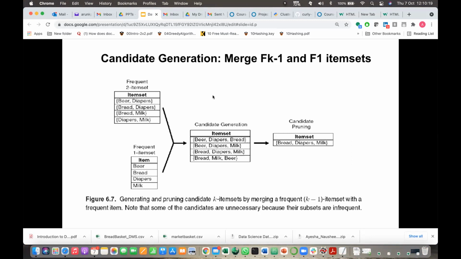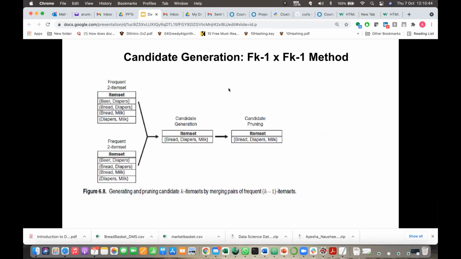So always, to get Fk, you need Fk minus 1, then try adding all the frequent 1 item sets. When you add them, they may or may not become frequent, so you need to compute and prune them. Another method, instead of adding Fk minus 1 with F1, is the Fk minus 1, Fk minus 1 method.